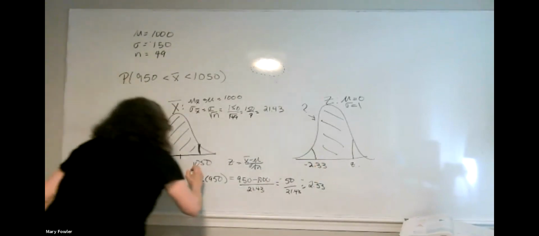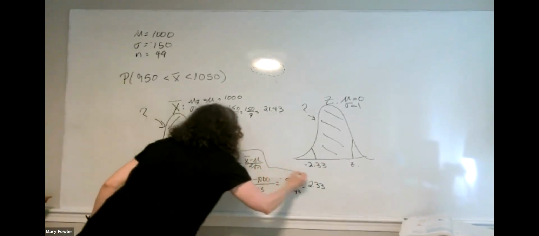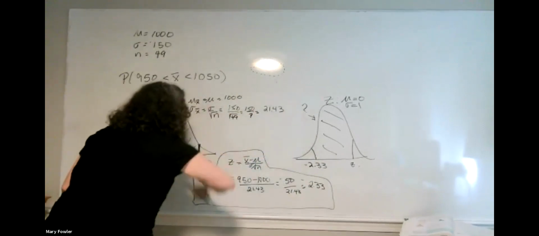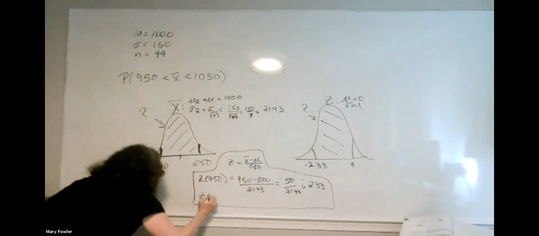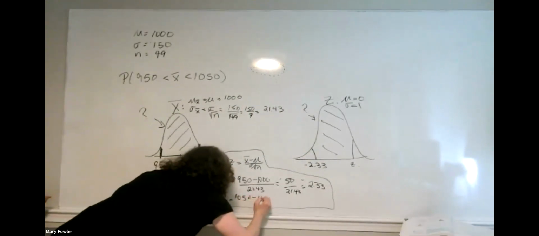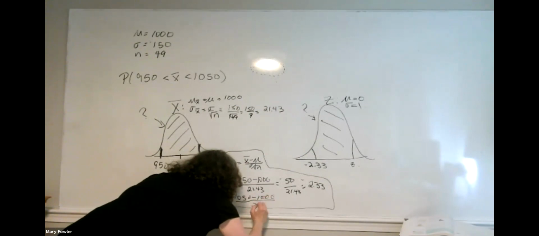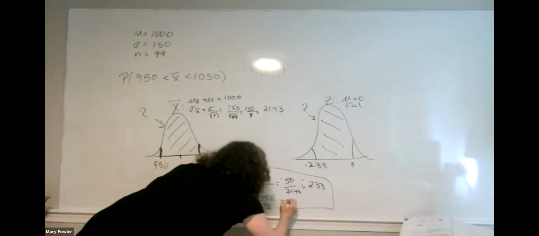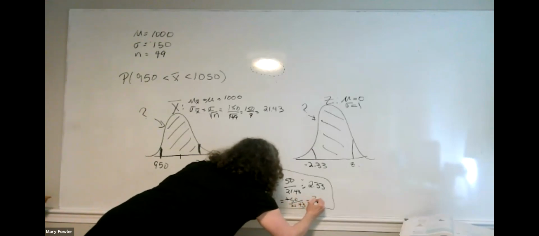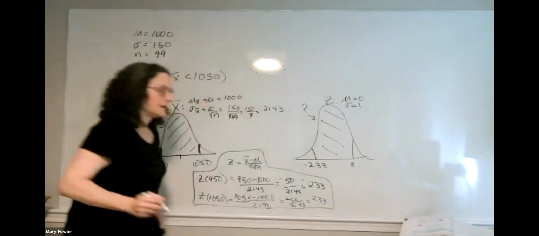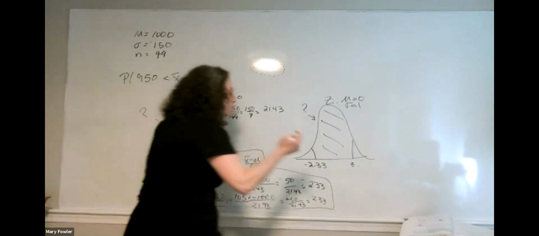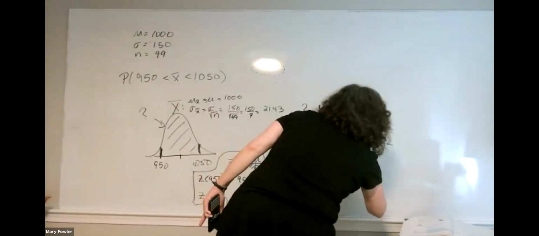And now the z of 1,050 is going to be 1,050 minus 1,000 over 21.43, or plus 50 over 21.43, and that gives us 2.33. Not a coincidence. This is a symmetric problem. The delimiting z-scores are going to be opposites of each other.